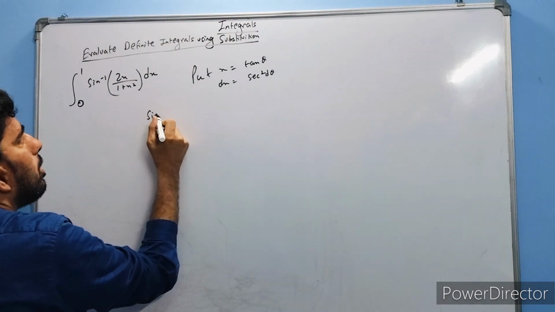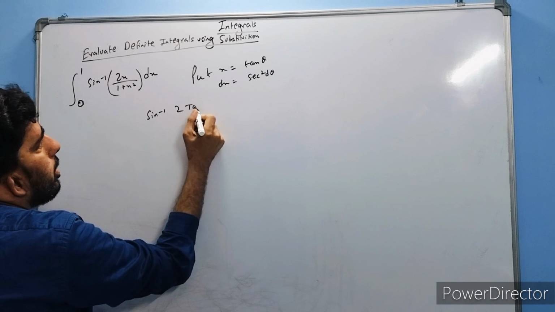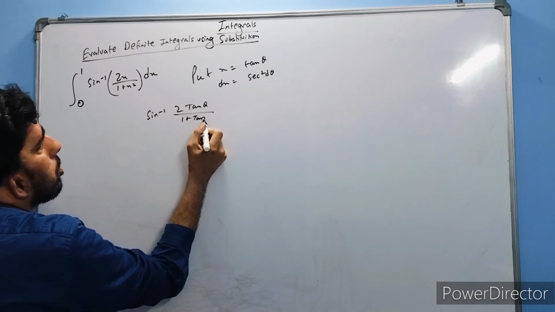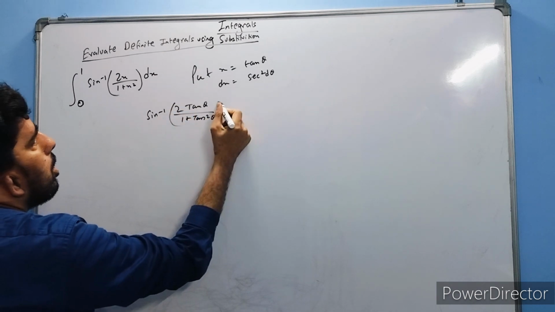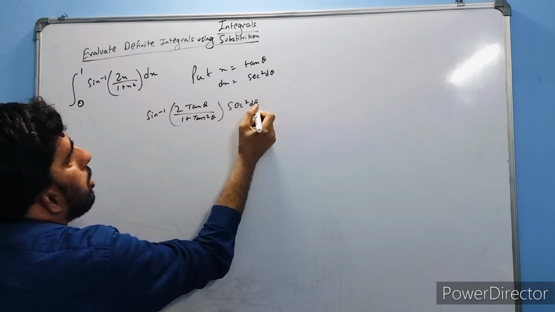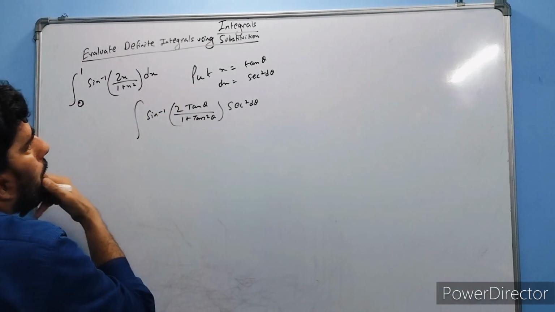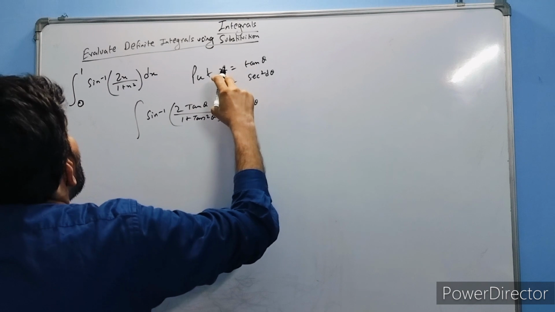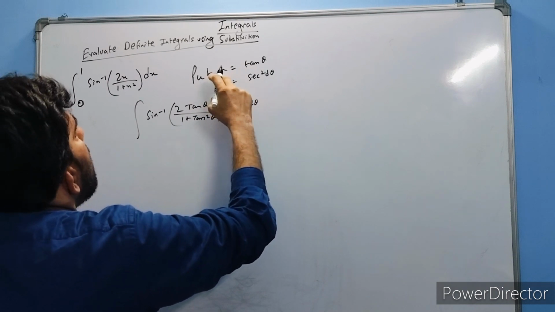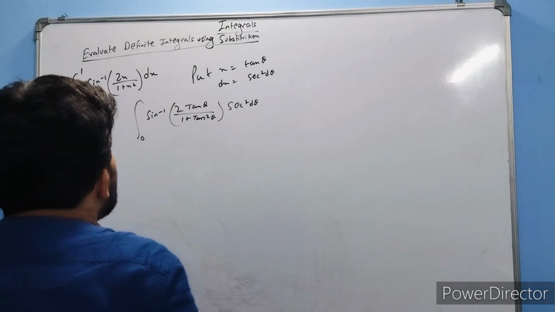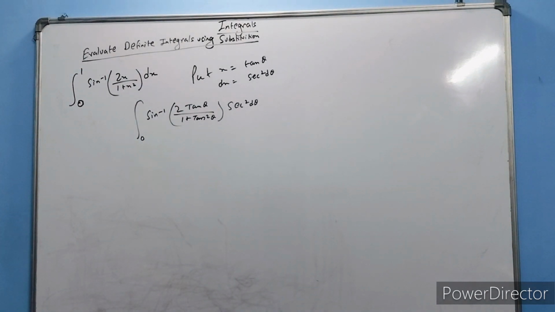We got sine inverse of 2 tan theta upon 1 plus tan square theta, and we can write here sec square theta d theta. Okay, so now the limits will also change. If x is 0, so tan theta is 0, theta will be 0.